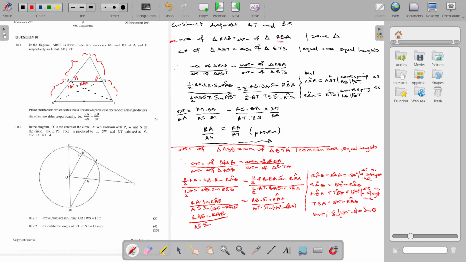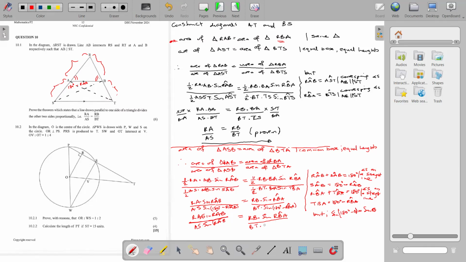It means sine that will be equal to RAB again. This will be equal to RB times sine RBA all over BT.